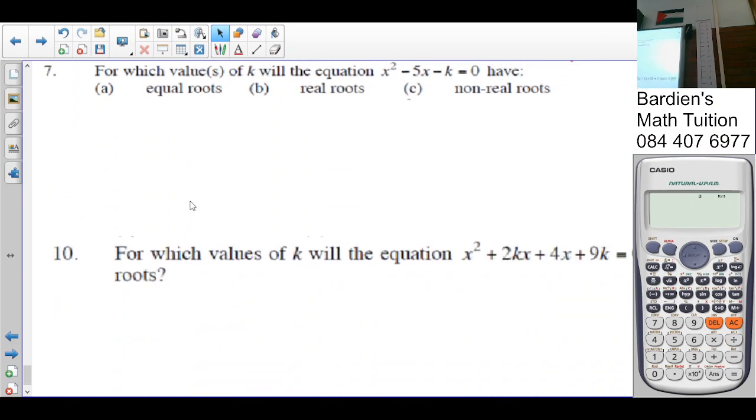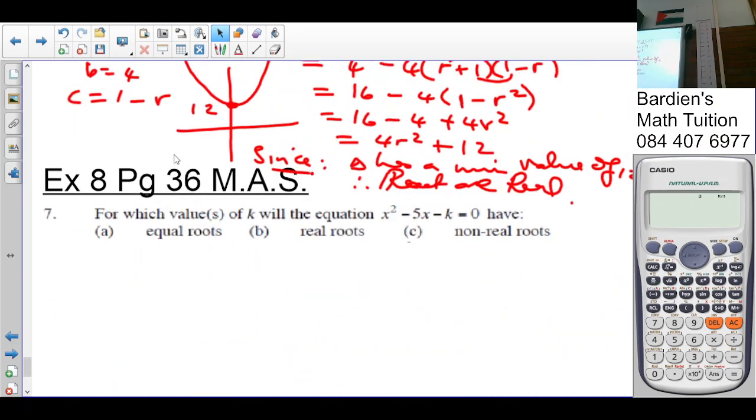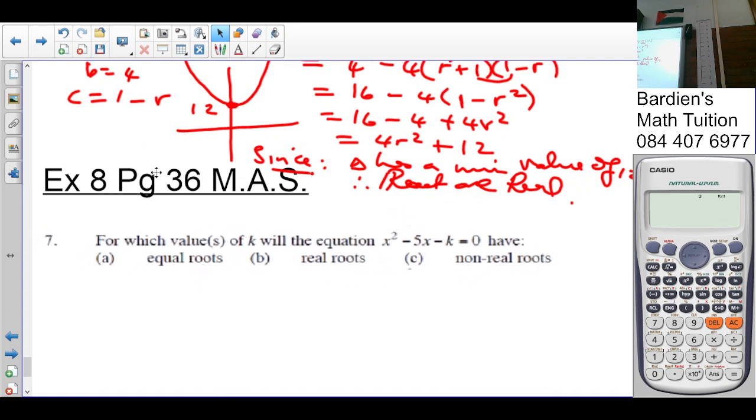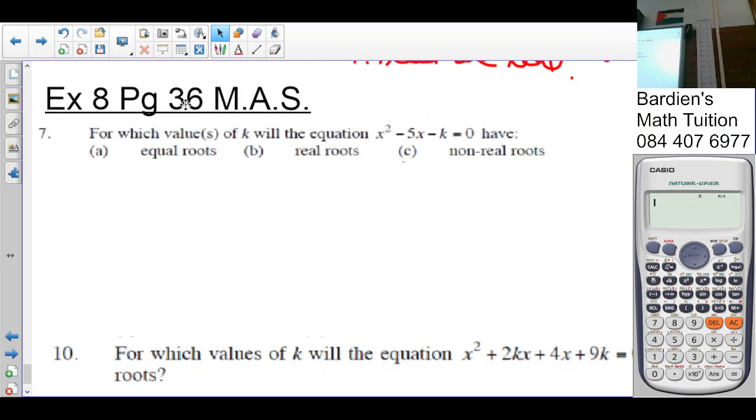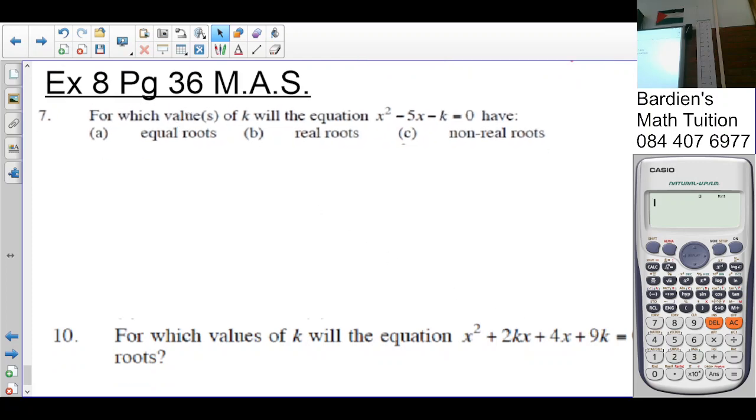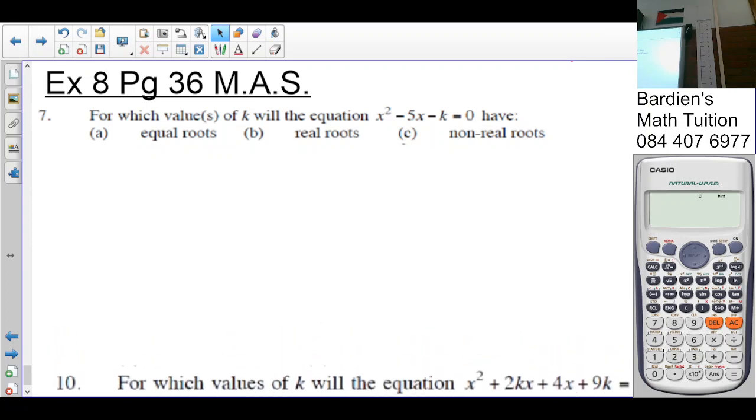Number 7. For which values of k will the equation x squared minus 5x minus k have, in the first case, equal roots? Okay, so firstly, what's my a value here? 1.